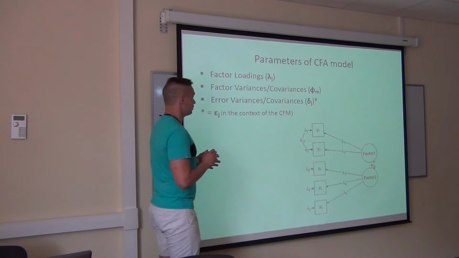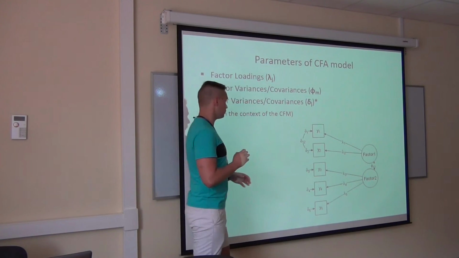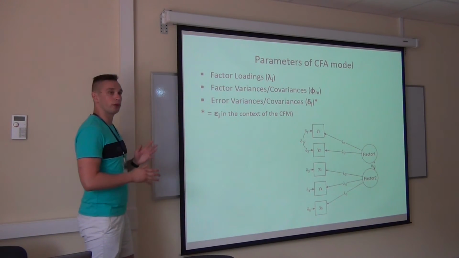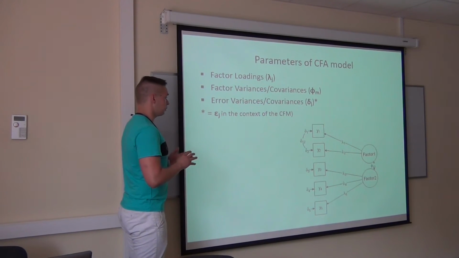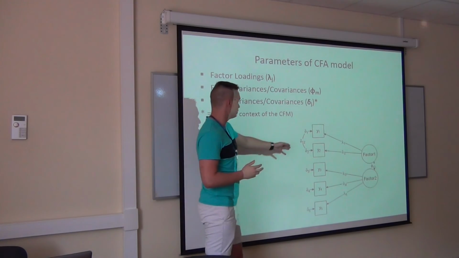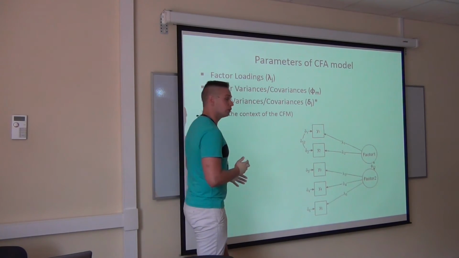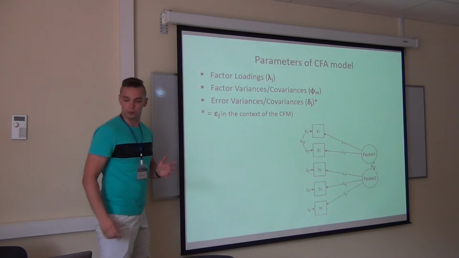And these unexplained variances may also vary between different indicators in some cases. Again, in the very basic setting, we do not assume that such residual covariances are present in the model, but we can test for them formally.